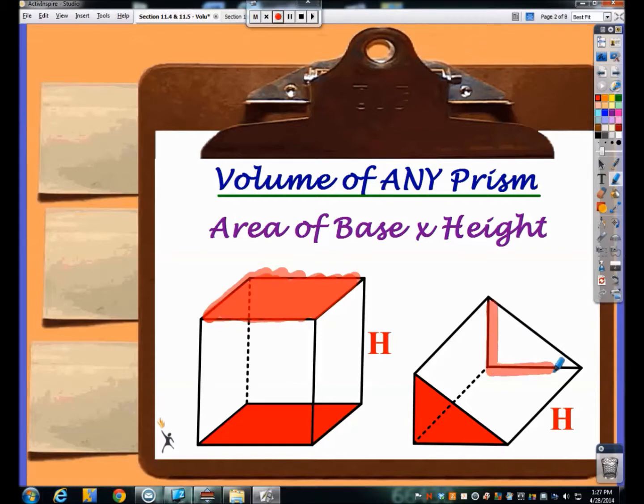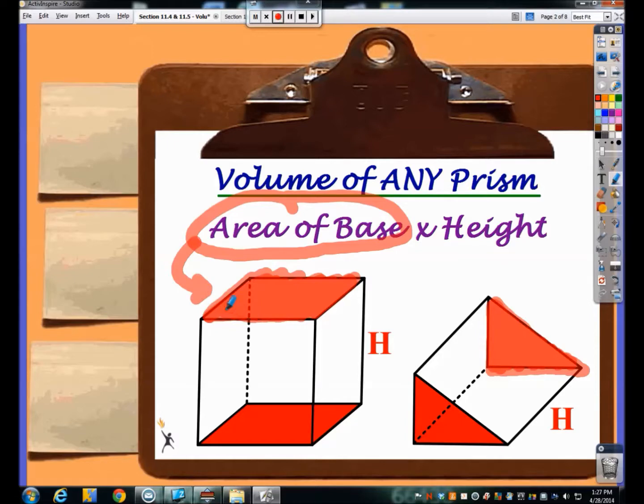Sometimes our prisms don't have to be standing up on end, they could be on their side. So this, for example, would be a triangular prism because its bases, which are parallel and congruent, are triangles. And so the general formula for any prism is just the area of its base, and I just mean one base, like what's the area of this rectangle, or what is the area of this one triangle, times the whole height of that shape. Okay?